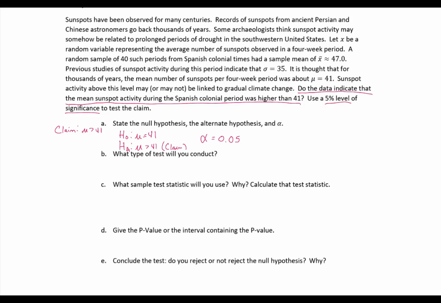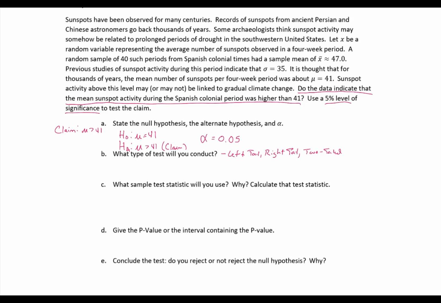So the next part, what type of test will you conduct? Remember, if I say the type of test, I mean, are we looking at a left-tailed test, a right-tailed test, or a two-tailed test? To figure out which type of test you're going to conduct, you want to look at your alternative hypothesis.